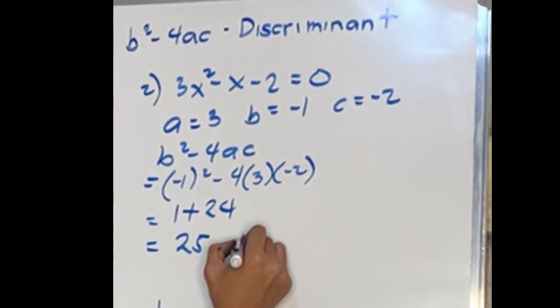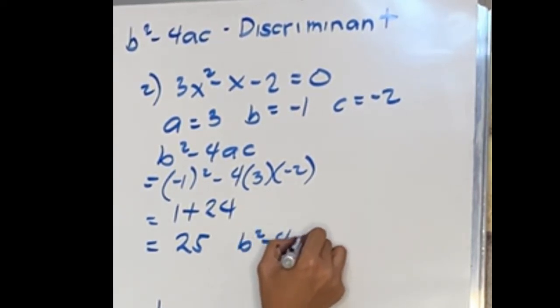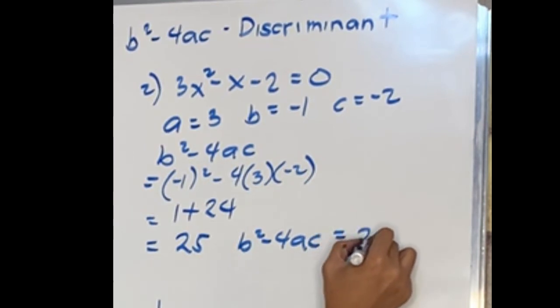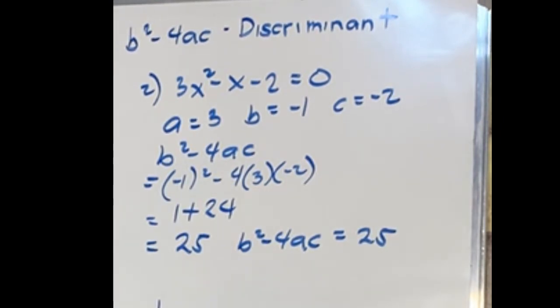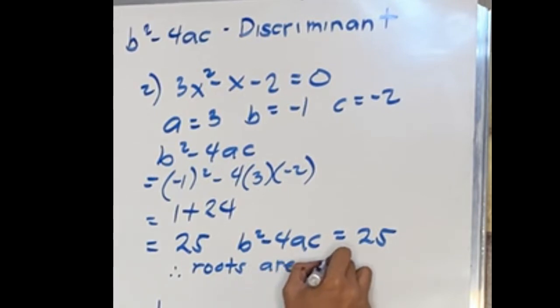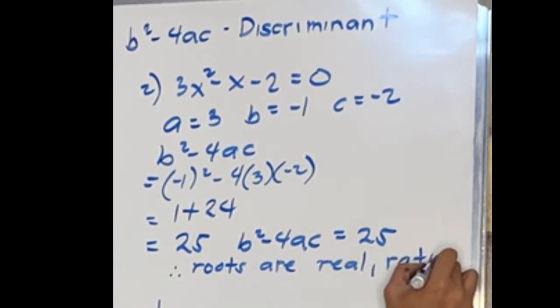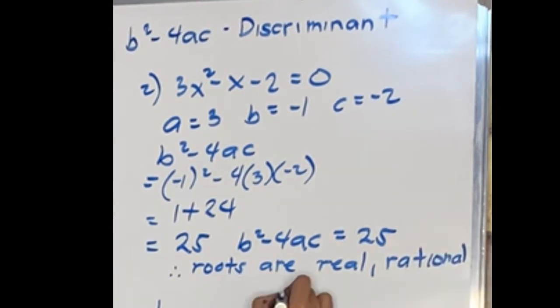So, b squared minus 4ac is equal to 25. 25 is a perfect square number. Therefore, our roots are real, rational, and unequal.